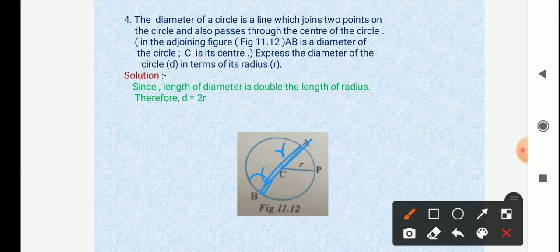The diameter is denoted by D and the radius by R. Double means twice, so we multiply 2 by R. So we get the diameter of the circle D in terms of radius R: D = 2R.